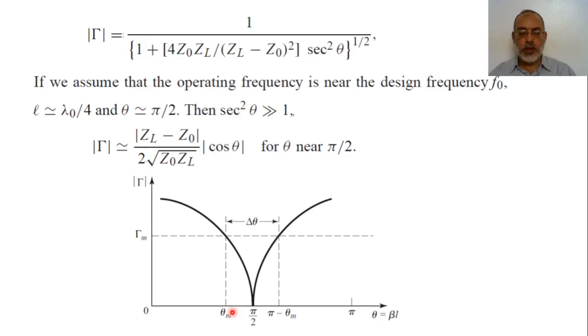So effectively, the change of theta corresponds to the change of frequency. So this can be translated as the operating bandwidth of the quarter wave transformer. In the following video, we are going to study this curve in more detail.